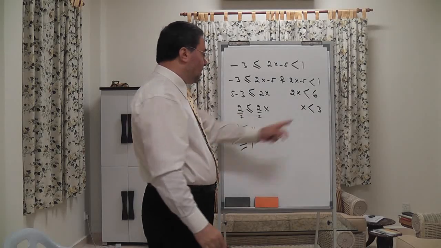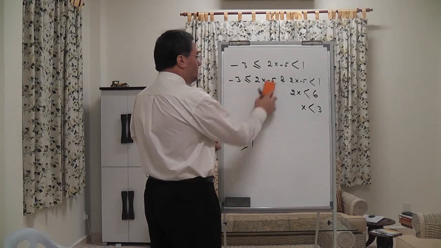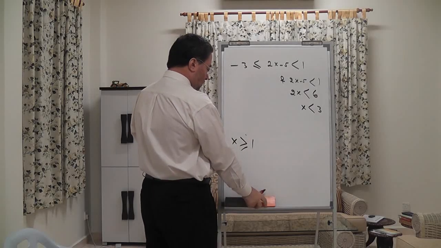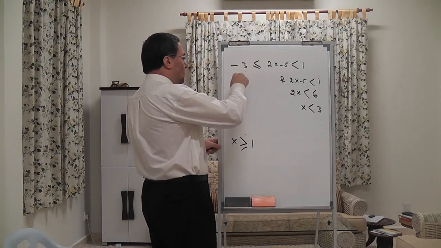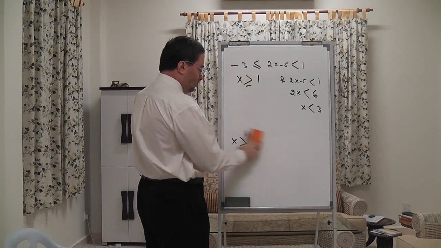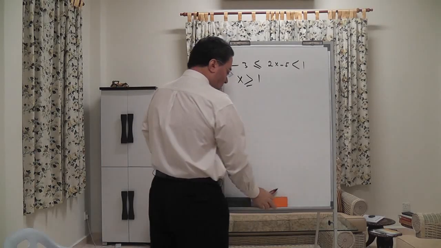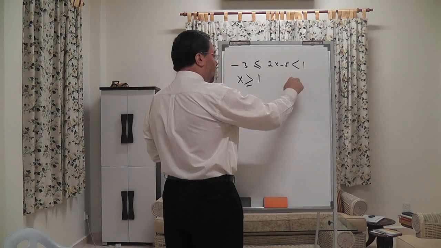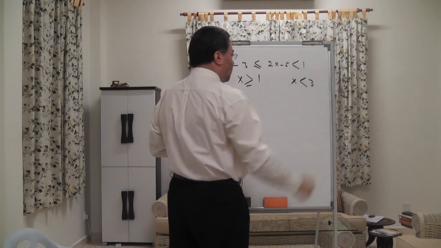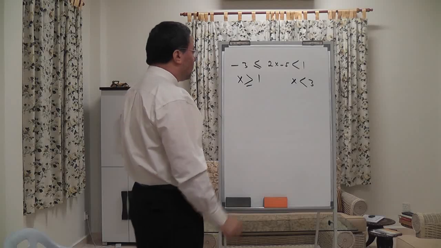Here we have to graph each of these. So our first graph is this, and then our second is this, x less than 3.